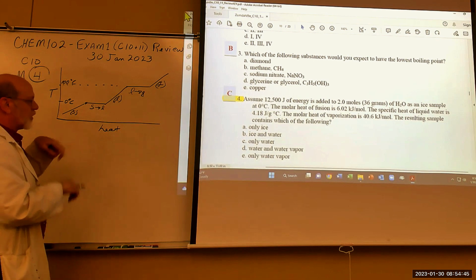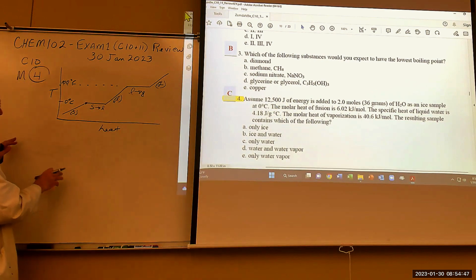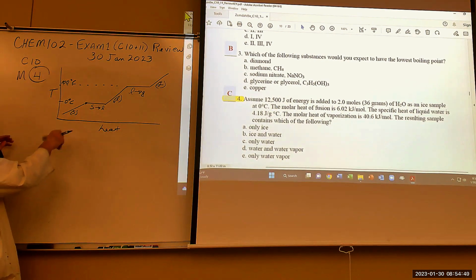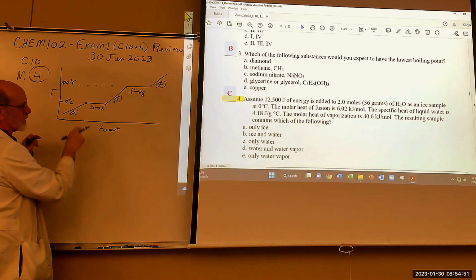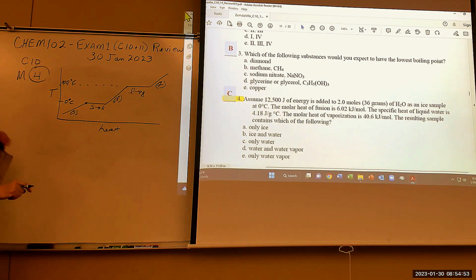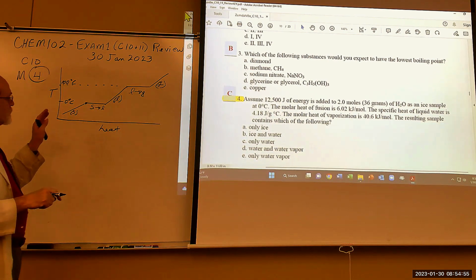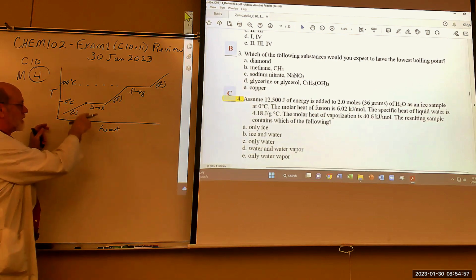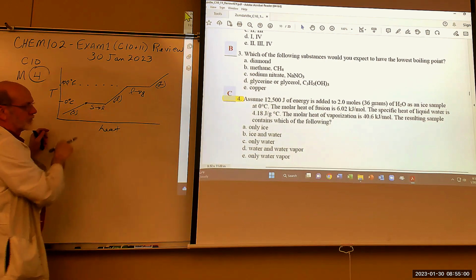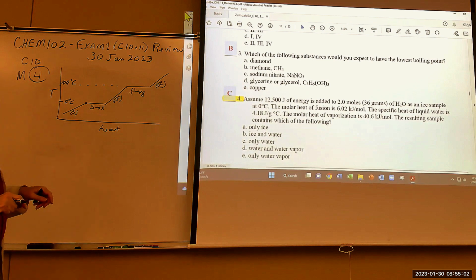All right, so the different processes that are going on are that we're converting solid to liquid. In that case, we're going to put energy into it to convert solid to liquid in this phase right here. So how much heat does that require?